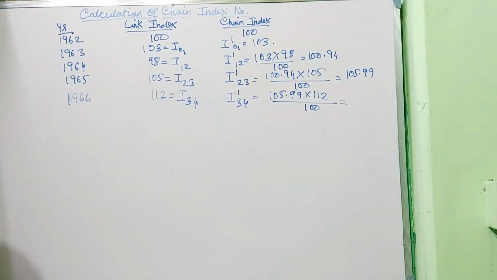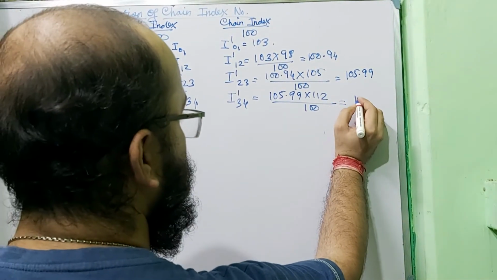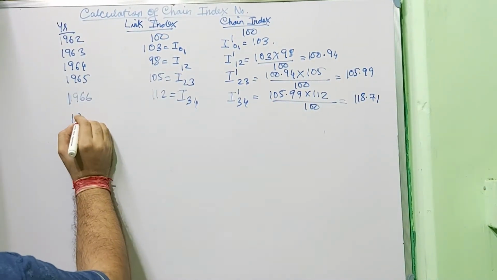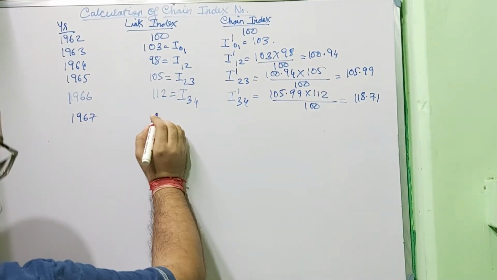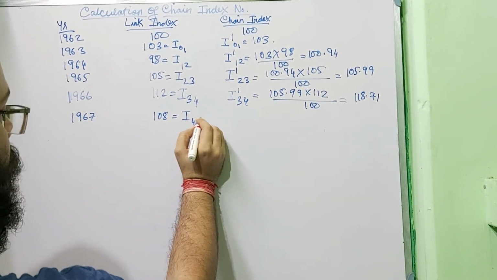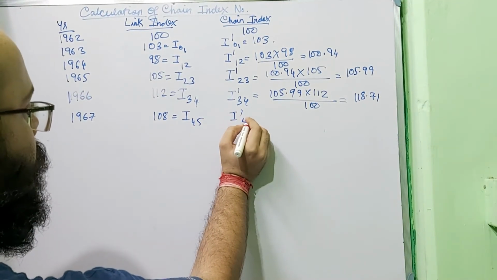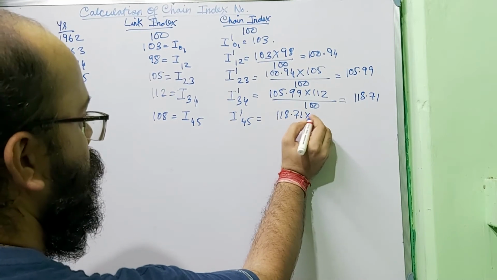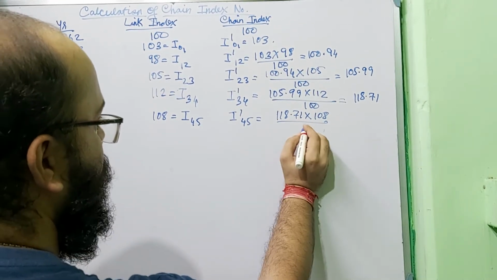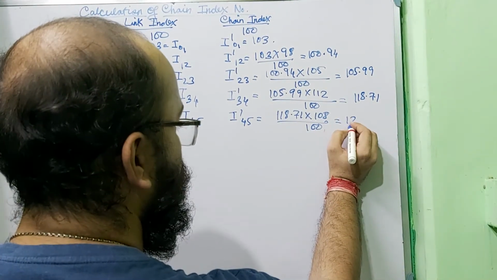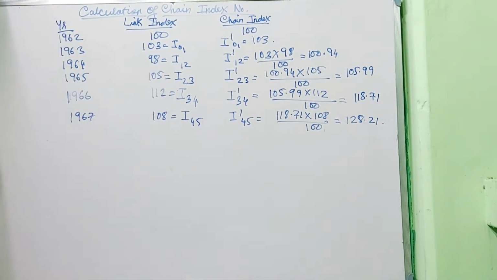We are getting 118.71. And last one, 67, which is 108, so I dash C5 is 118.71 into 108 by 100, which is coming 128.21. So this is how the chain index has been done.